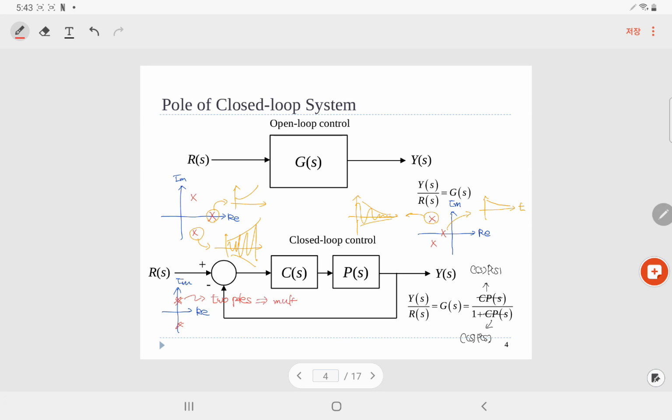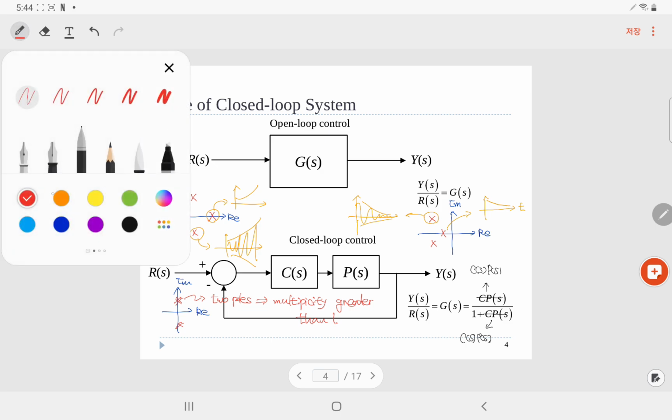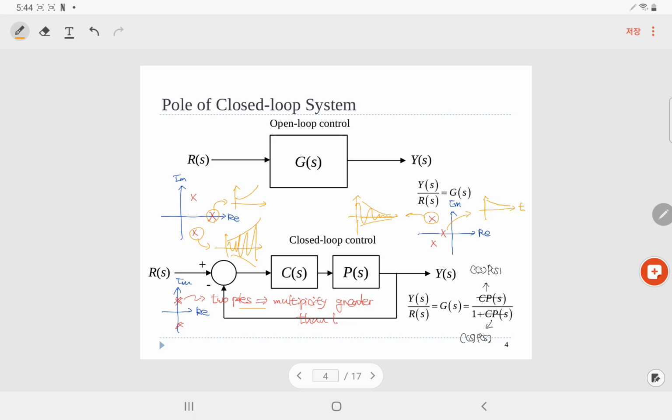Hence this means multiplicity greater than 1. In this case, these poles will produce a natural response of the form like this, where t means the time and the exponent means the multiplicity of the poles.